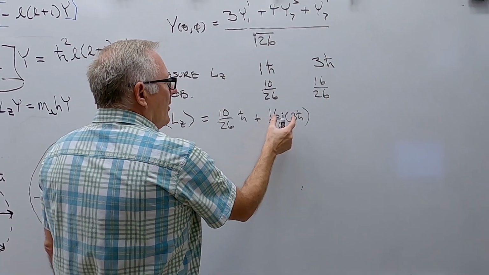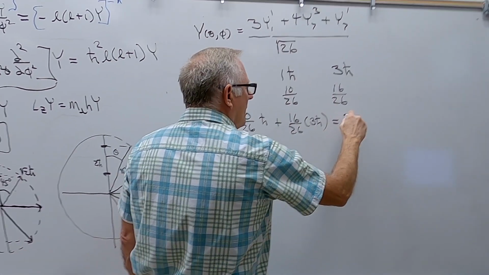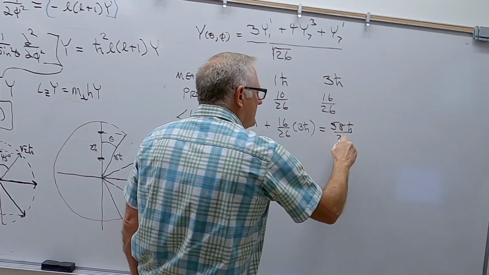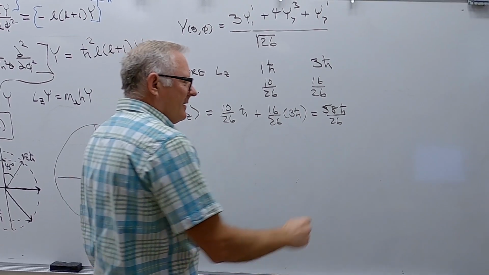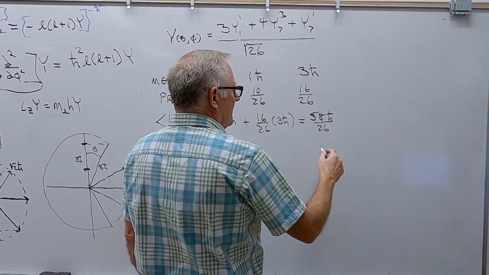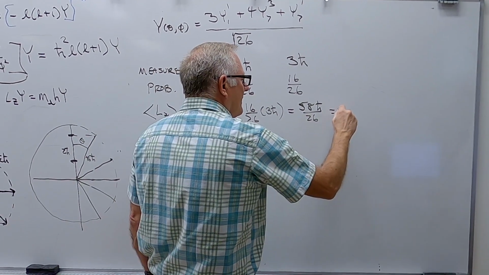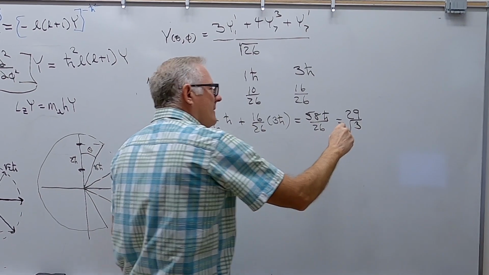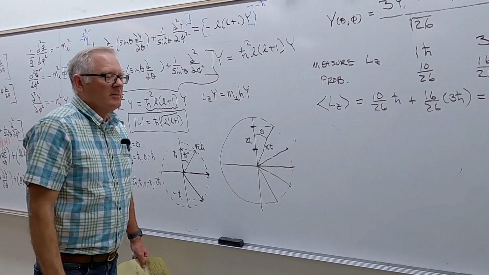It gives you 58h bar over 26, which would be 29 over 13 h bar. So there would be your average L sub z.